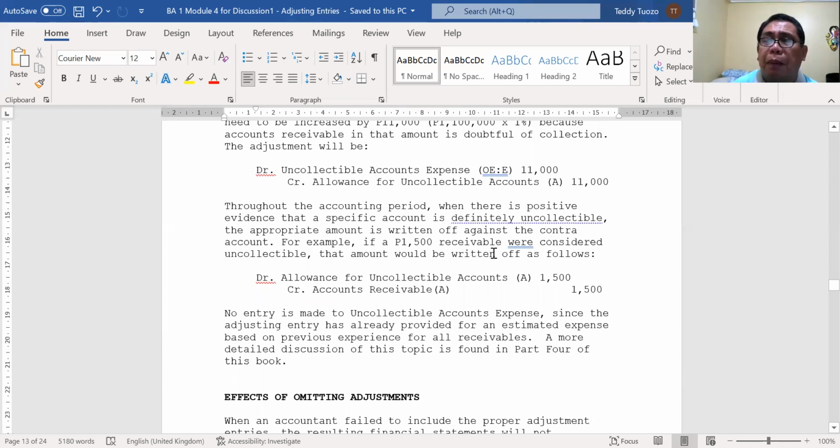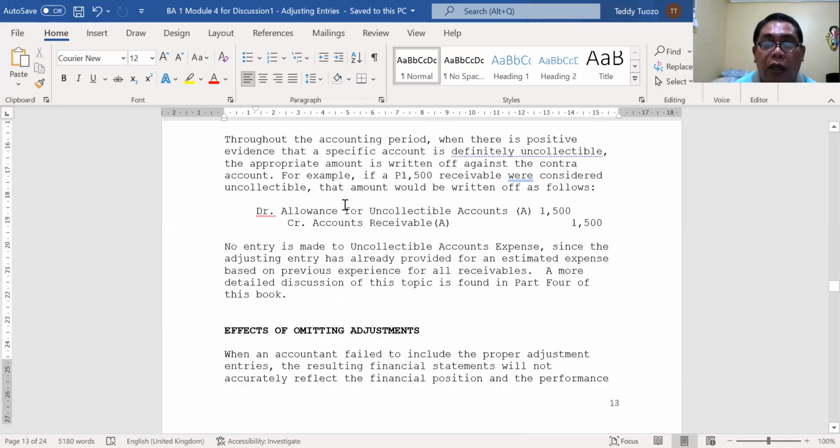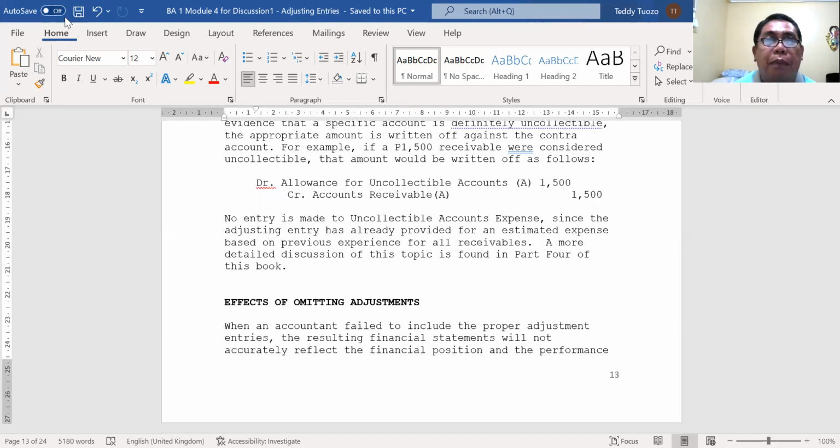Because most of the problems here, class, say it is 70% realizable. Meaning, out of the accounts receivable that you will collect, only 30% will not be collected. So that would be the amount that you have to recognize as an expense. But later, we will have an example.